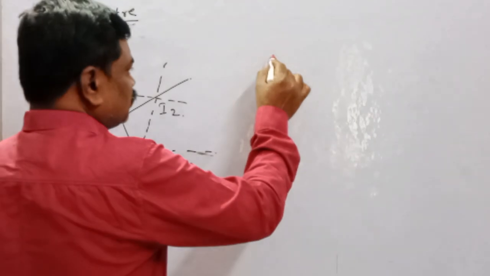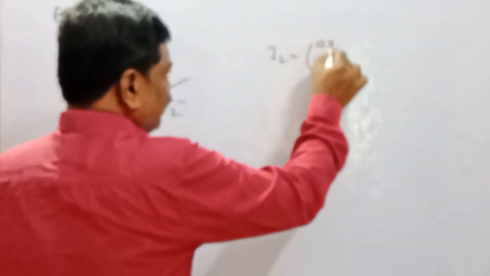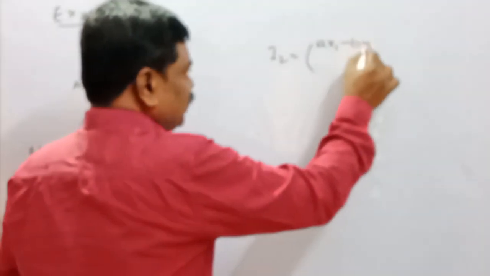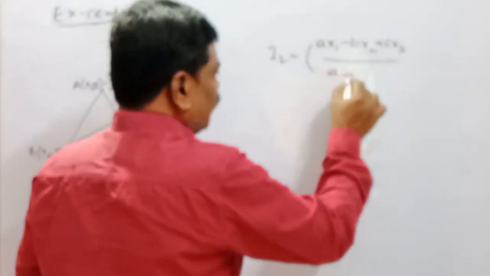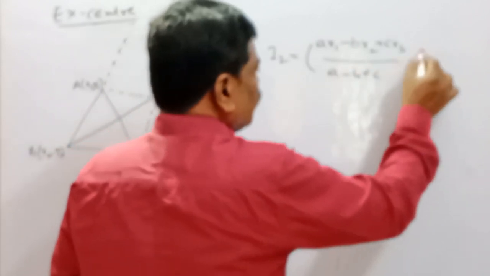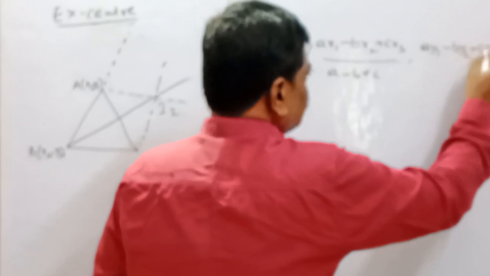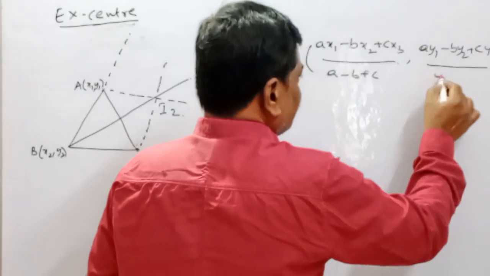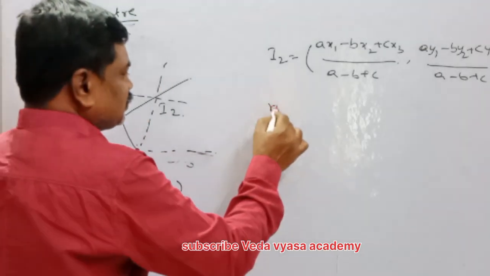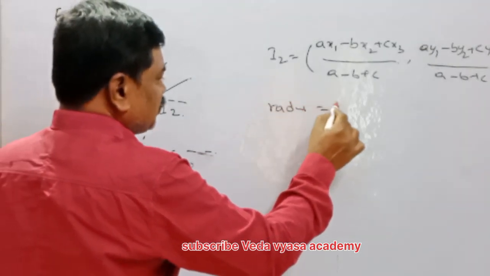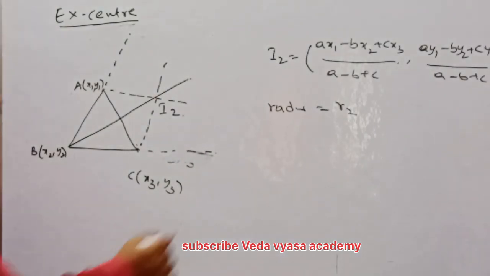The coordinates of I2 are (ax1 minus bx2 plus cx3) by (a minus b plus c), and (ay1 minus by2 plus cy3) by (a minus b plus c), and the radius is r2.